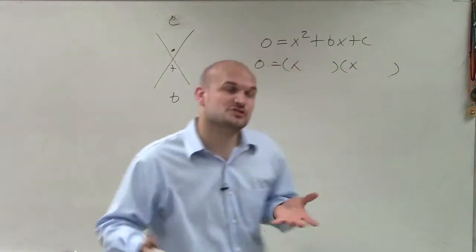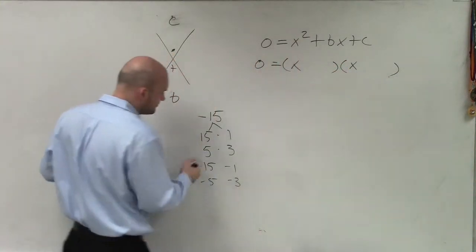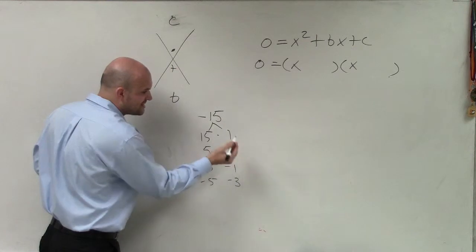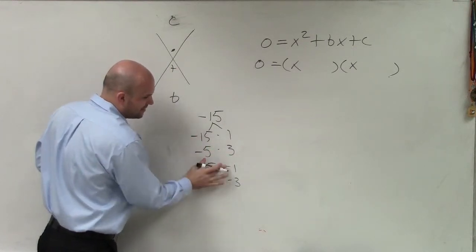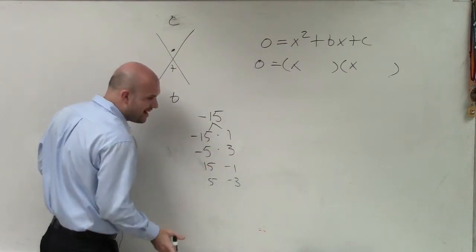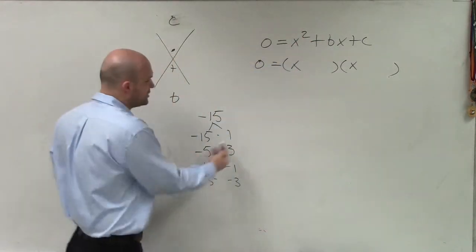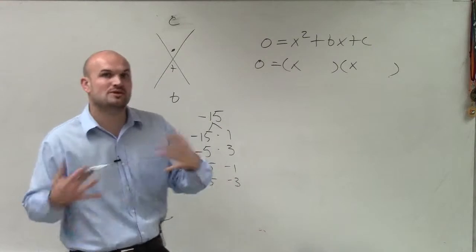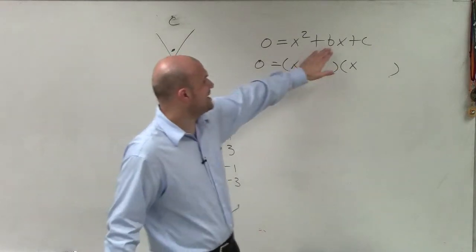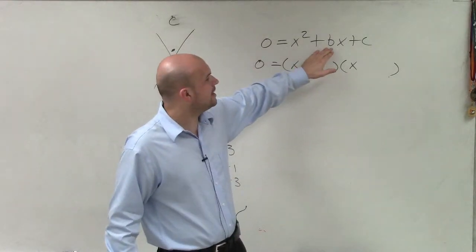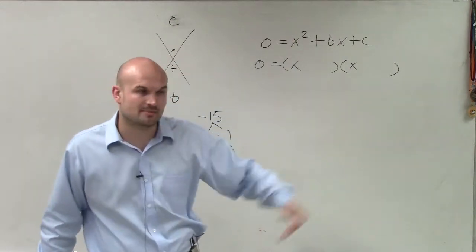Then we have to use those tips and tricks I talked about, where we know that one of these factors has to be negative and the other has to be positive. And depending on the sign of your middle term, you can determine which factor has to be positive and which has to be negative.